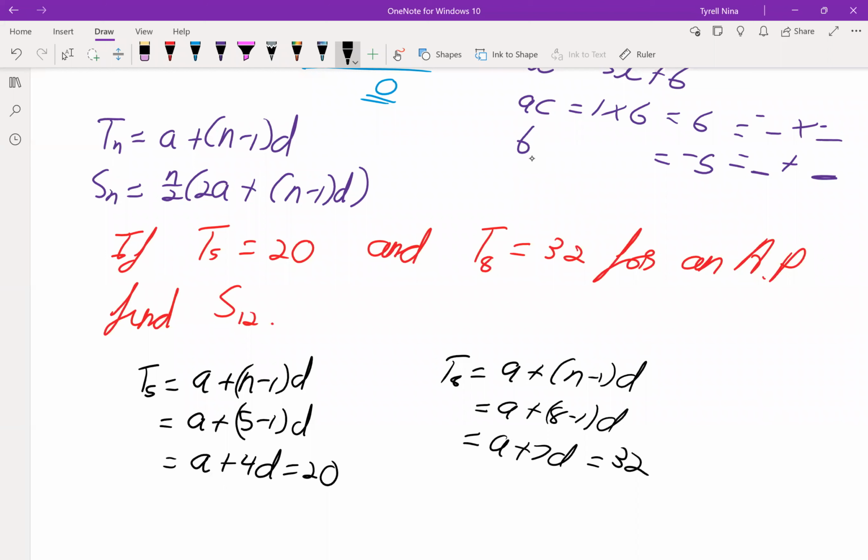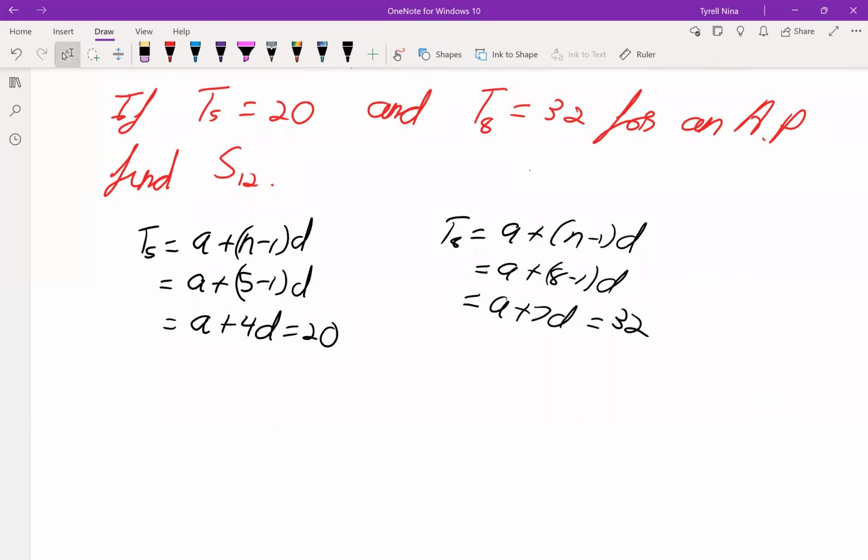I have two equations, two variables. We should know what that is.